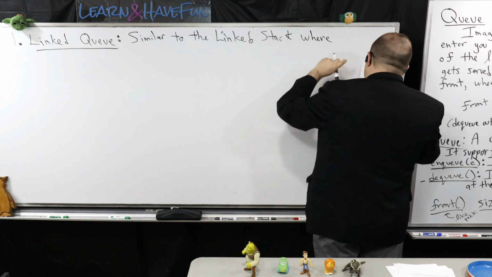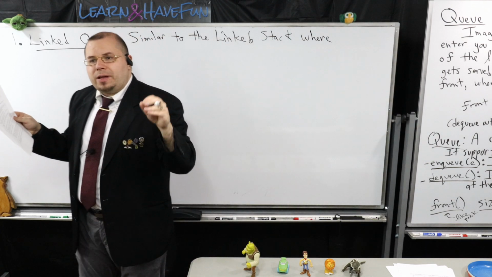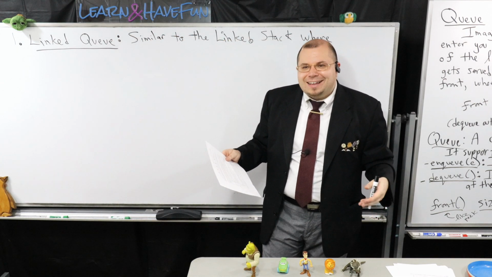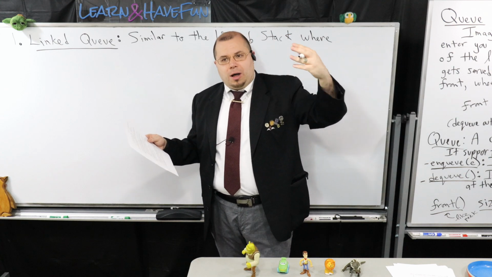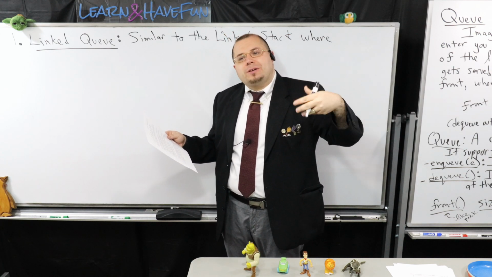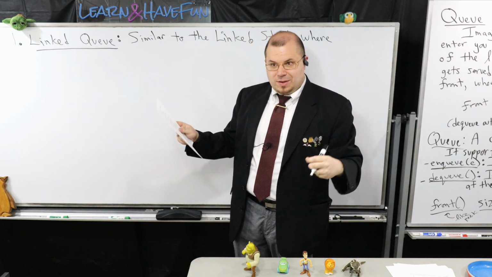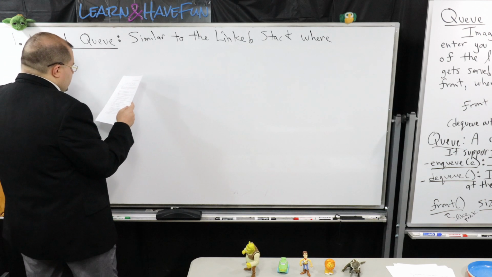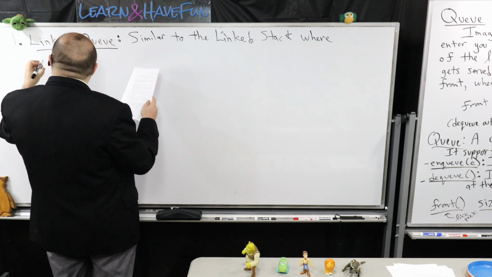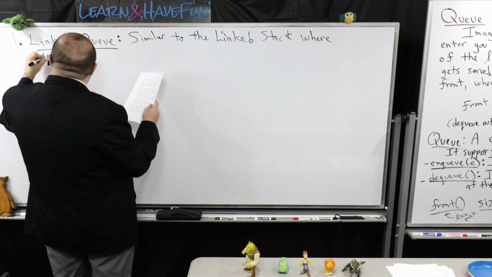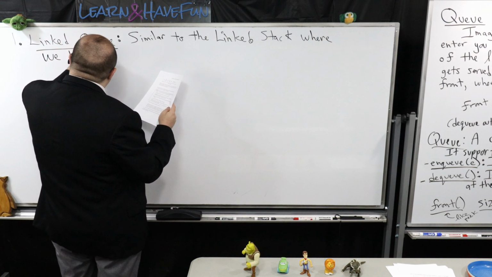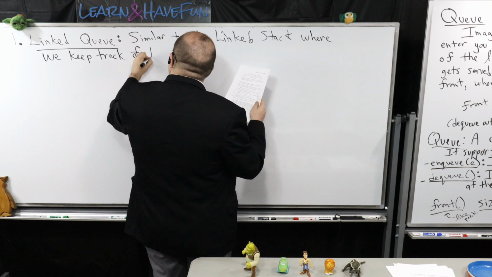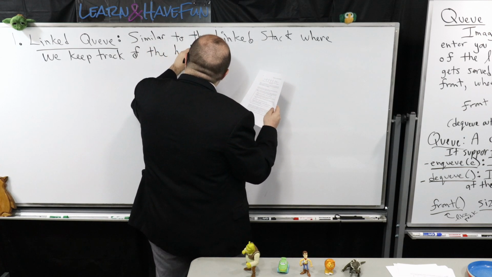Now remember, I have a front and a rear to my queue, right? In the stack, I just had the top. So it's going to be very natural for me to represent these as pointers that point at nodes in the linked list, where we keep track of the head and tail.